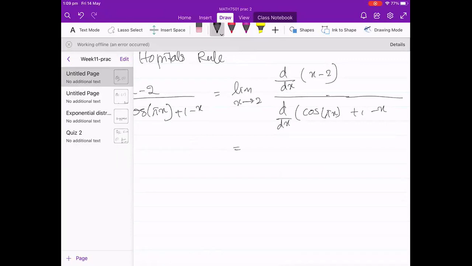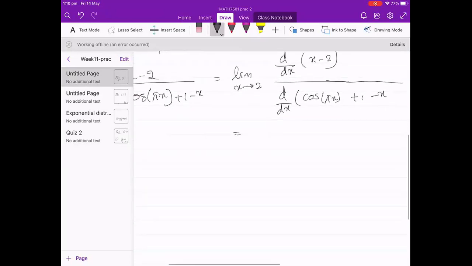What's the derivative of the numerator? 1.